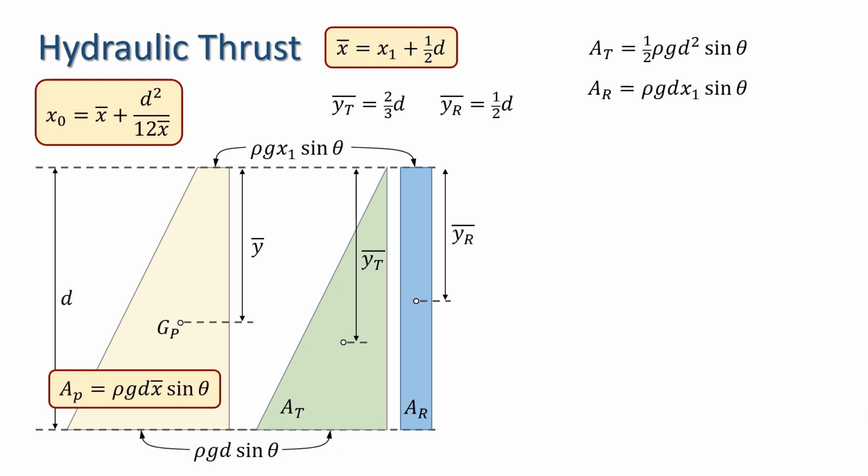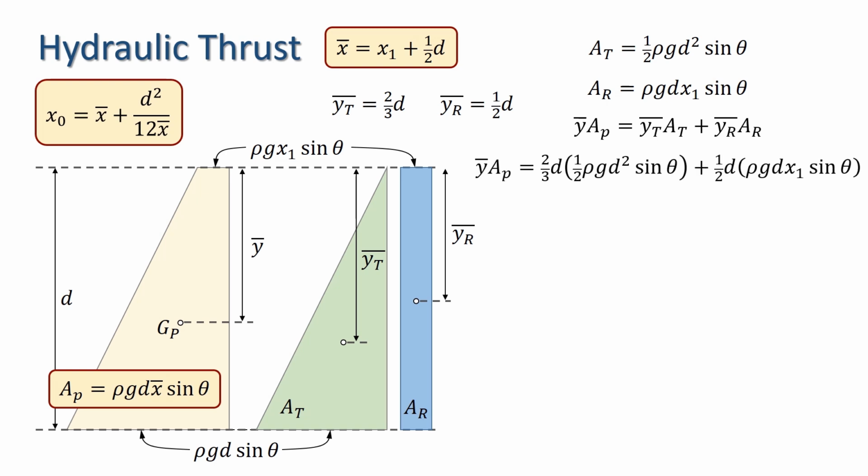We now have everything we need to find the centre of gravity of the pressure diagram. We have y bar multiplied by the area of the pressure diagram, AP, is the sum of yt bar times at and yr bar times ar. Substituting for yt bar, at, yr bar and ar, we have y bar times ap equals 2/3 d times 1/2 ρg d squared sine theta plus 1/2 d times ρg d x1 sine theta.